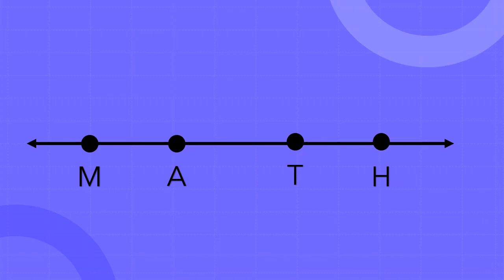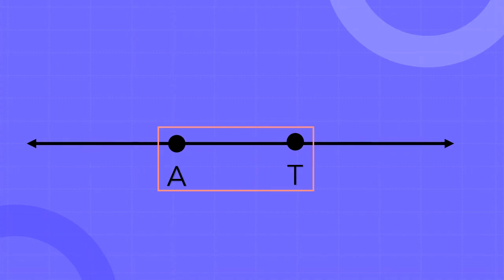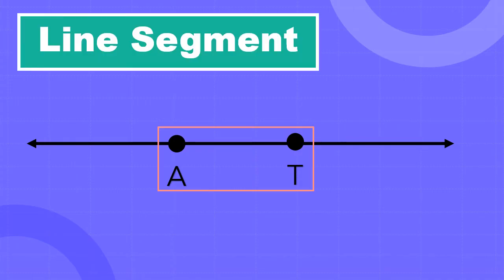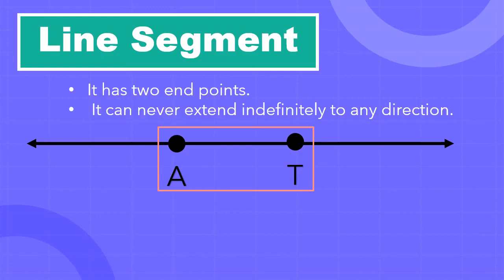This time, what can you say about points A and T? Good. It has two endpoints. We call this figure a line segment. Line segments have two endpoints. It can never extend indefinitely to any direction.